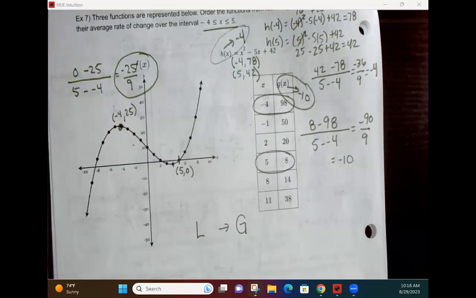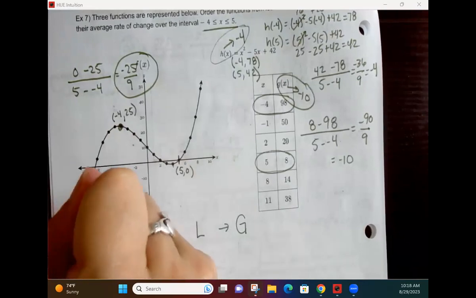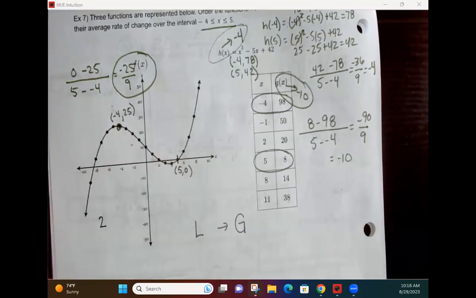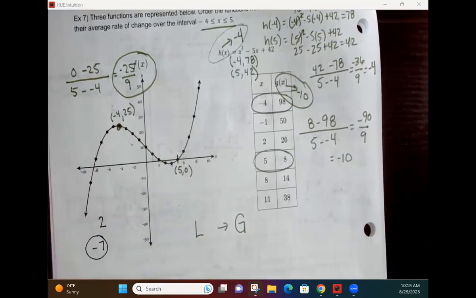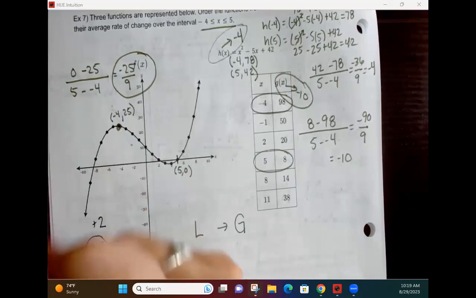If I am looking at a change of +2 versus a change of -7, which one is the greater change? I'm changing by more when I subtract 7 than when I add 2. So be careful with that.